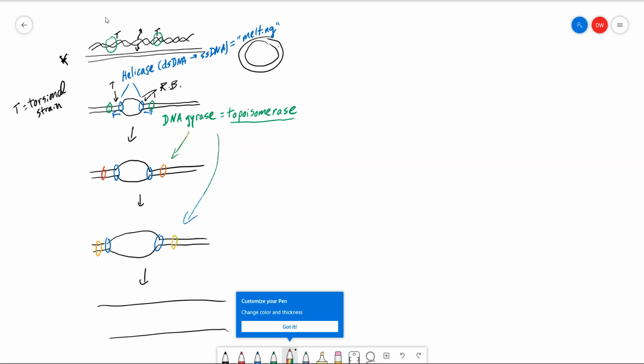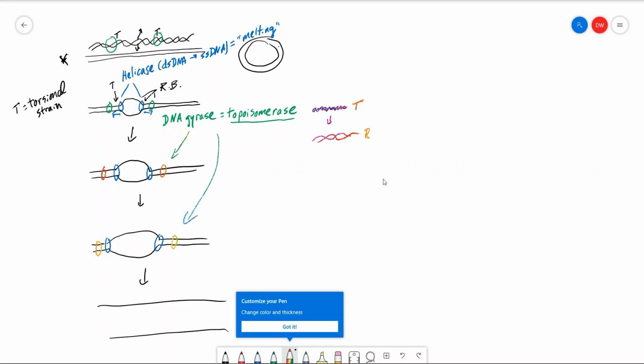Let's see if I can draw this here. I'm trying to show the DNA as being tightly wound versus more loosely wound, okay? So we have tight DNA with torsional strain, and now we have more relaxed DNA.